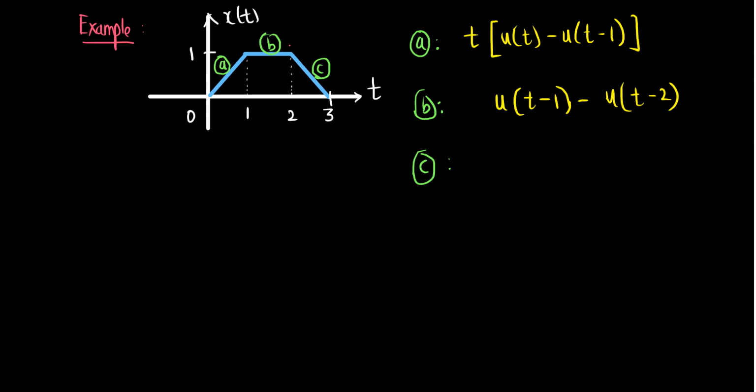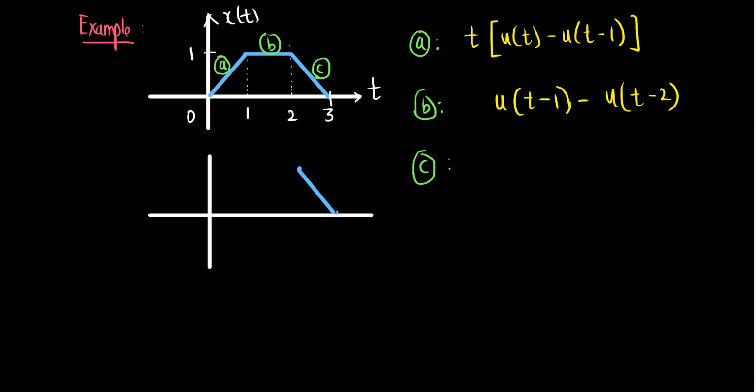You can see that this signal is being obtained by shifting the signal t, or minus t to be specific. We want this signal.